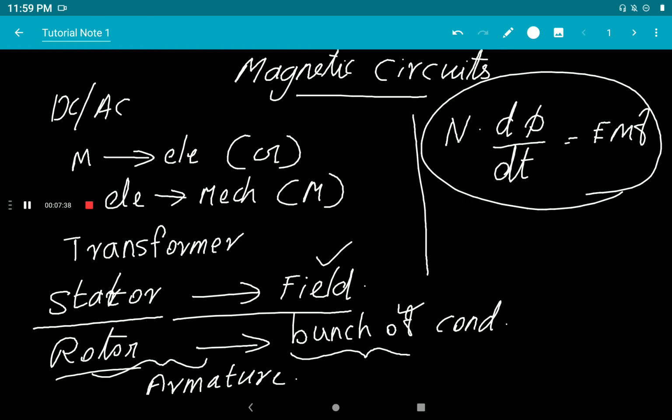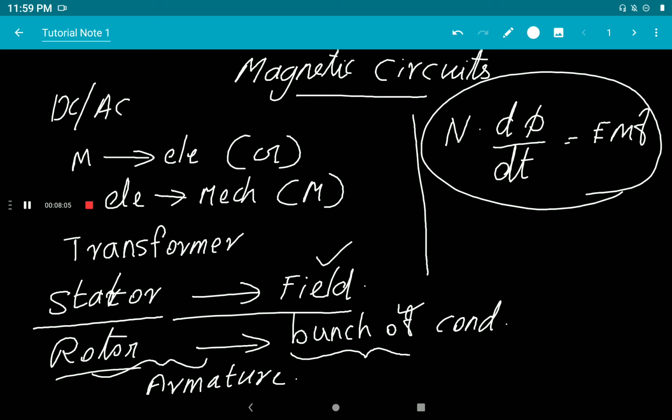Either the conductor rotates and cuts the magnetic flux, which produces a rate of change of flux and a proportional EMF. Whenever a conductor cuts the magnetic flux, it induces an EMF on that conductor, and the magnitude of that EMF is directly proportional to the rate of change of flux.